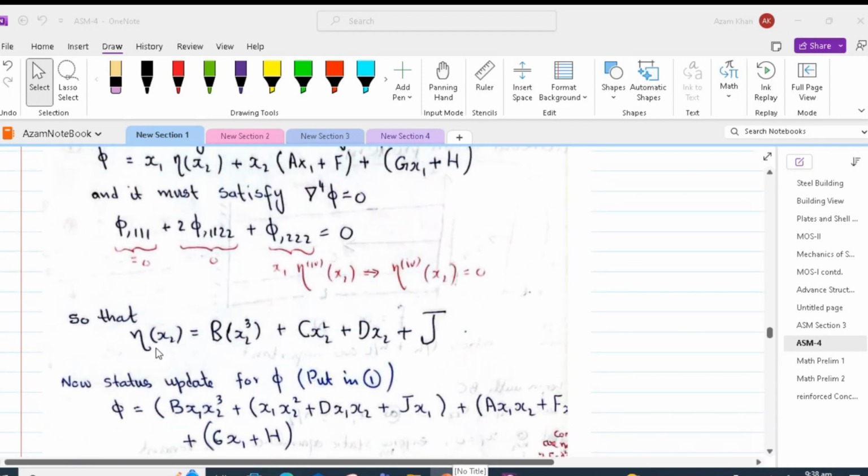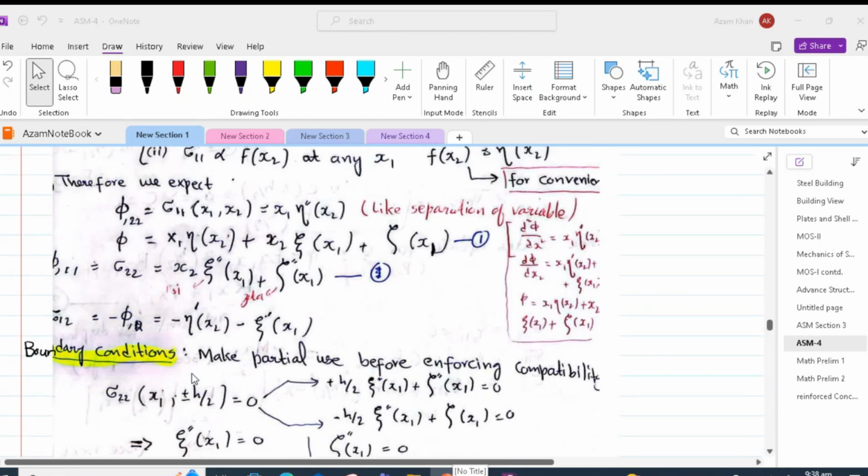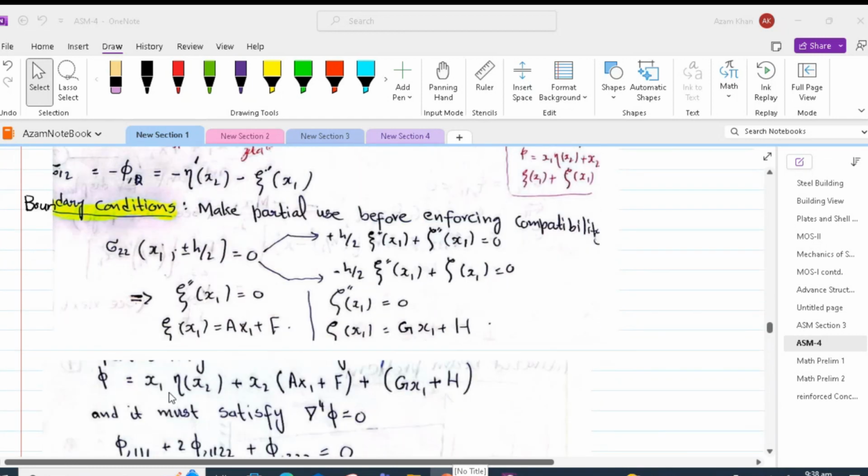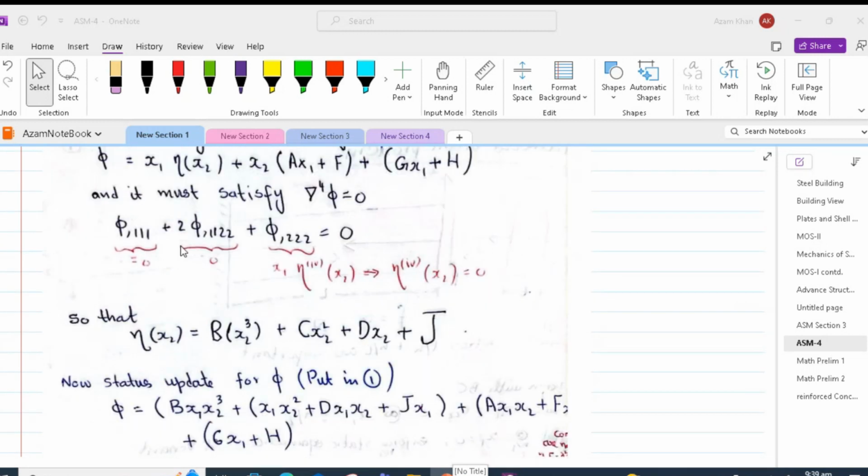So once eta x2 is worked out, remembering that in this equation we had x1 eta x2 plus x2 times small bracket ax1 plus f plus small bracket gx1 plus h. So we have found everything except eta x2. We used the compatibility equation to find out our eta x2.